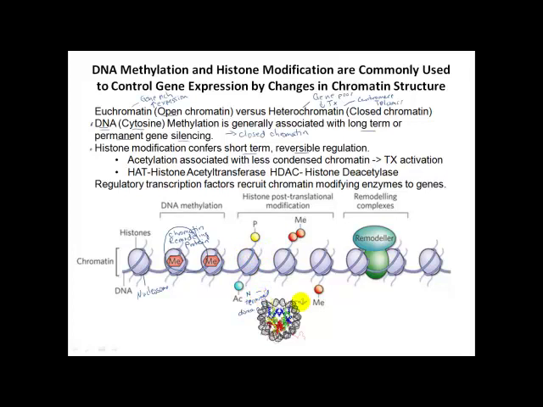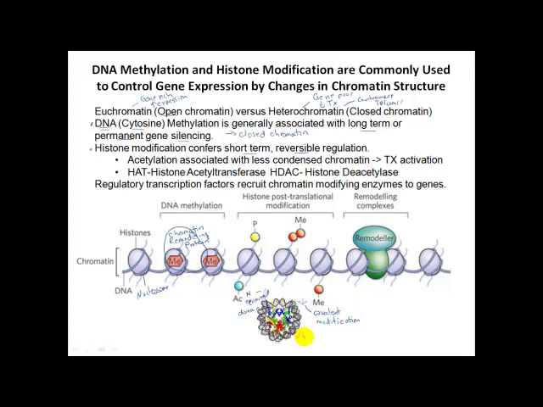And these are the parts of the histone proteins that get modified by covalent modification. So we see specific types of functional groups being added on and then removed from these little N-terminal tails, right?